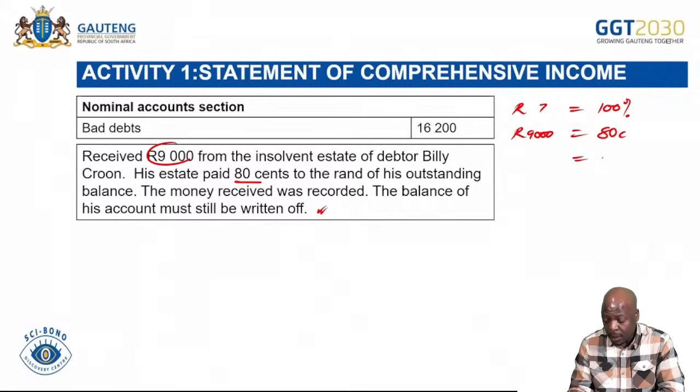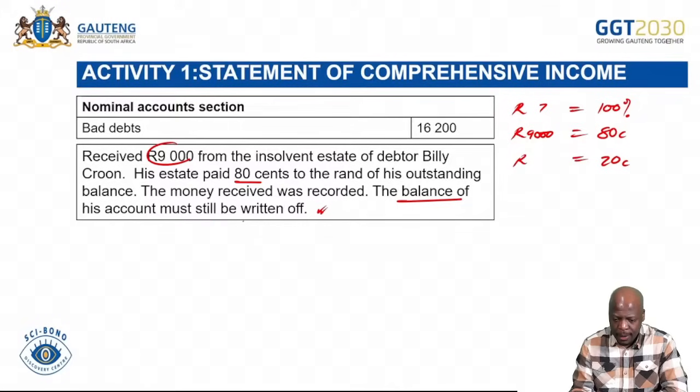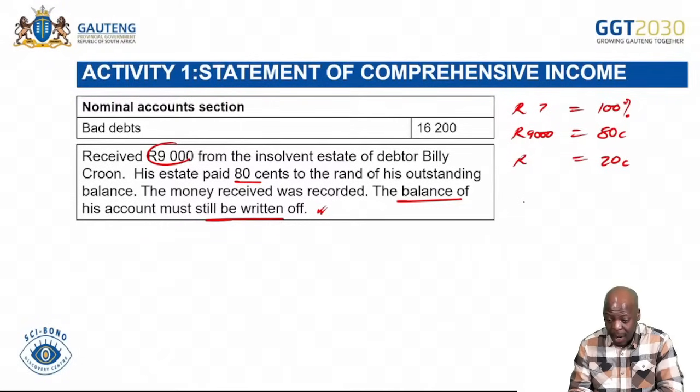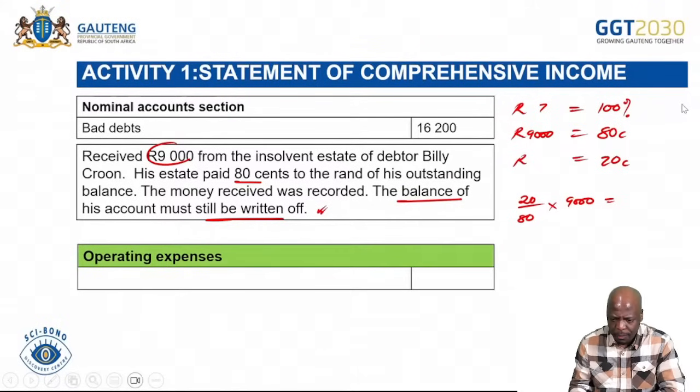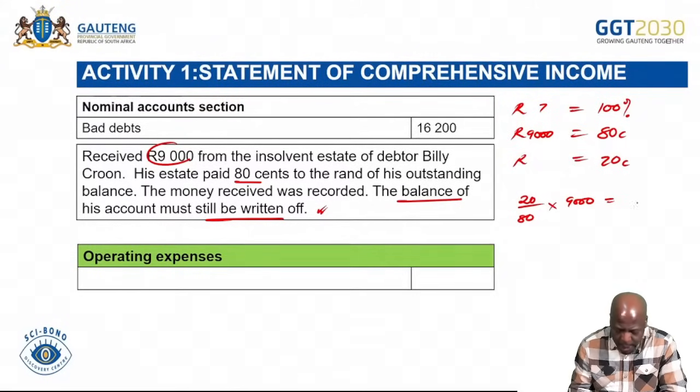That means he has not paid us the 20% or the 20 cents in the rand, which we need to calculate. So to calculate that one, which is the balance that must be written off, we will now say what we want is 20. What we have is 80. Multiply by 9,000. Punch that in your calculator. How much are you going to get?